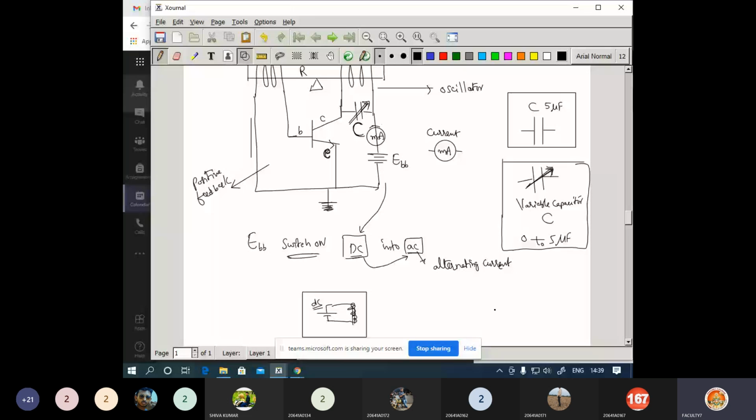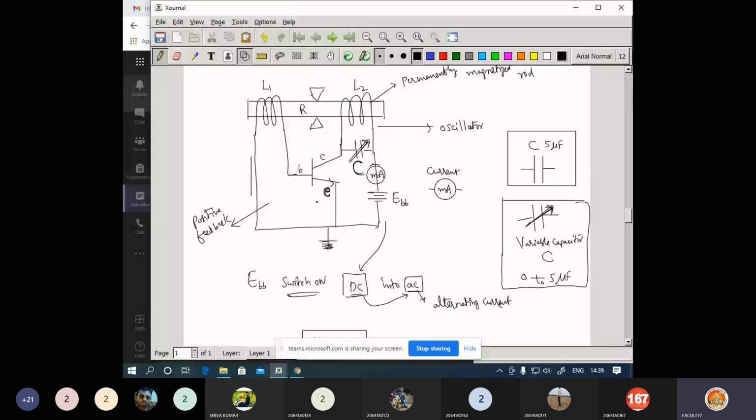So now here, first we had explained about the first part. This part is going to generate the alternating current. Now how is it converting here? It is converting the DC supply into AC supply by means of this oscillator. Now this particular circuit L1, which is connected through the base, is going to act as a positive feedback or feedback loop.